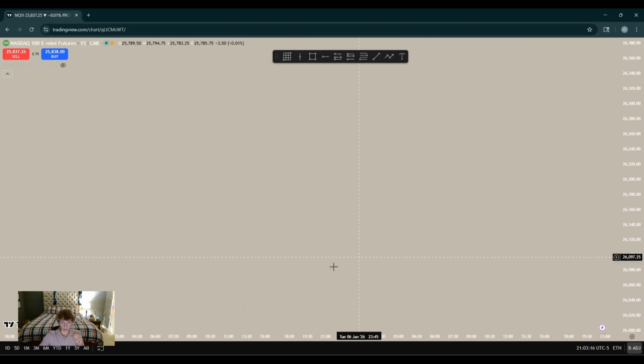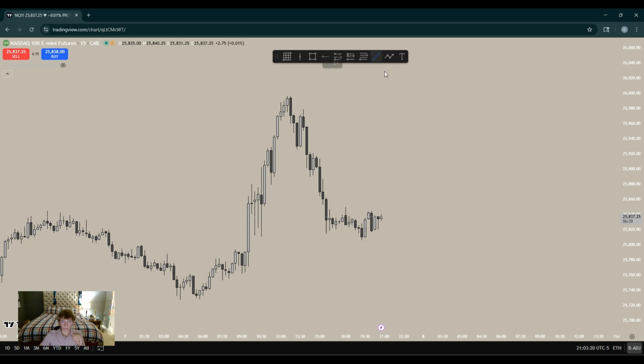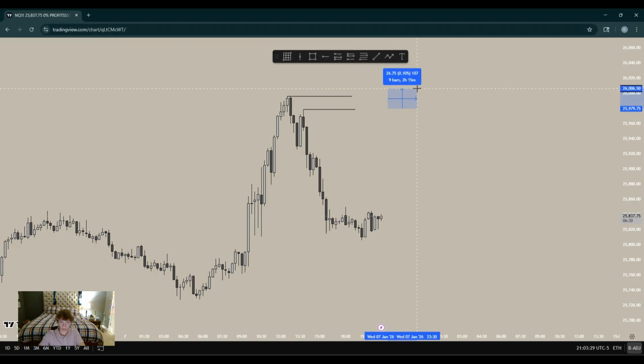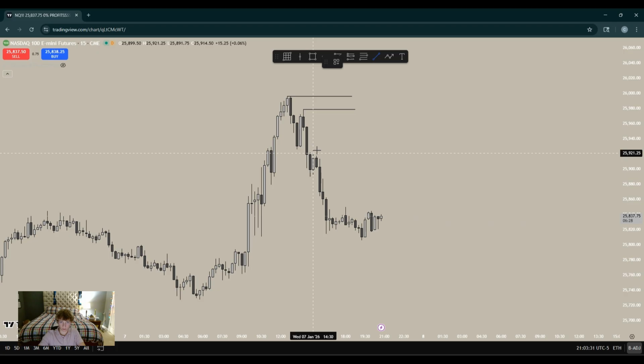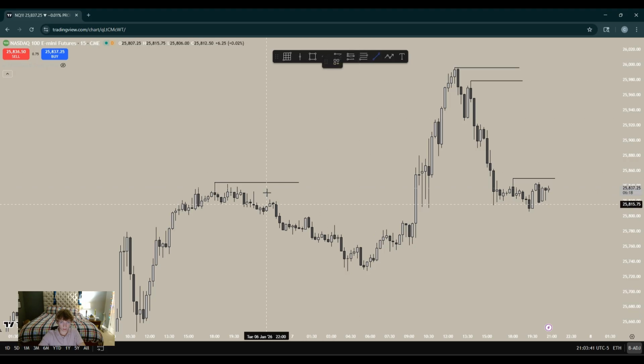So let's go down to the charts. Where is liquidity resting? Above highs. So liquidity is above these highs. It's above this high right here, above this high right here, above these highs right here, of this high right here.